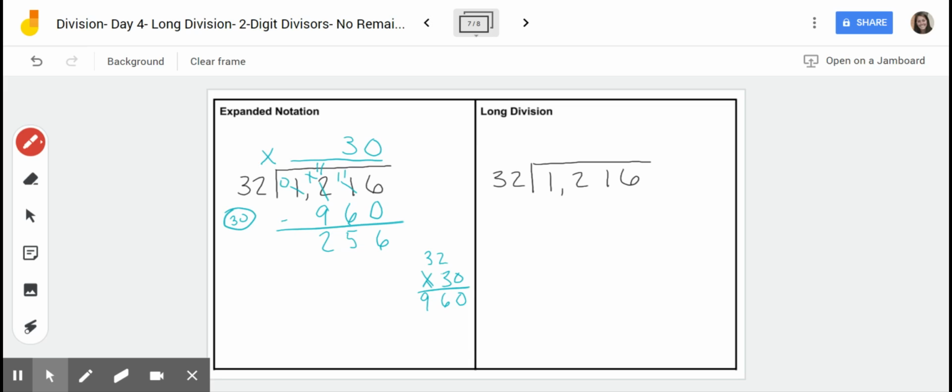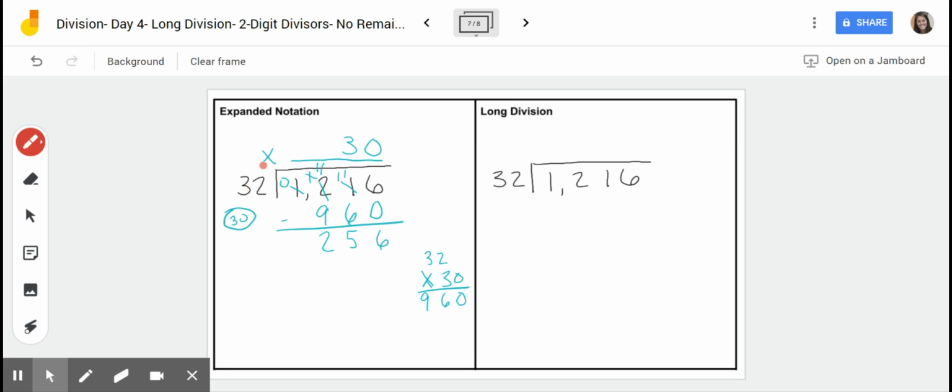That's 5 groups so far. Then we have 180, 210, and then 240. So that's 8 groups. I know that 30 times 8 is going to be 240 pieces, not groups.